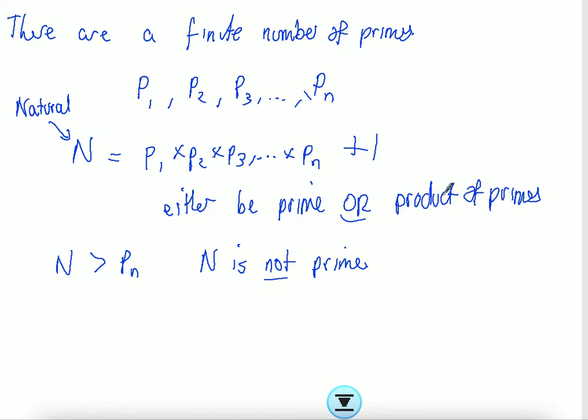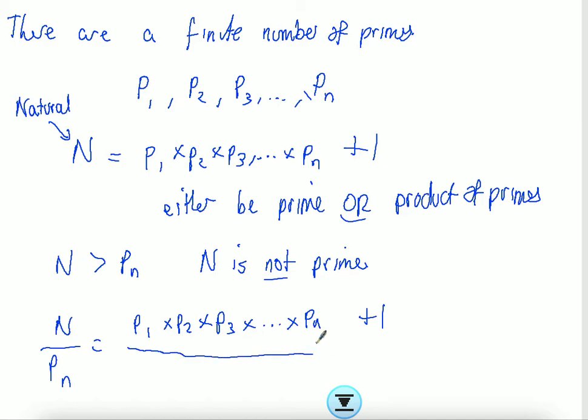And if it's a product of primes, that means that we can divide it by a prime number. So I'm going to divide it by Pn. If I divide n by Pn, what do I get? Well, I get P1 multiplied by P2, multiplied by P3, multiplied by Pn, add 1, all over Pn. Now, what does this statement actually tell me?